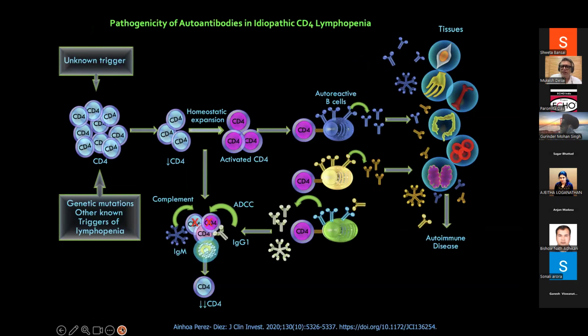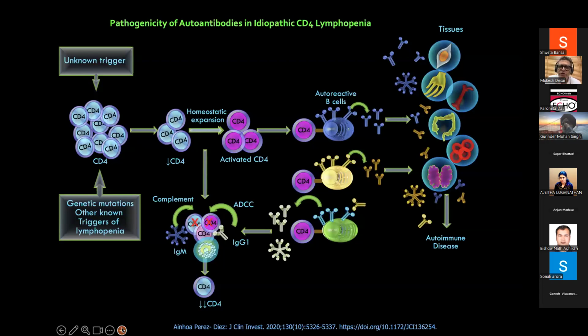This concept was recognized when they found a child with a severe CD4 lymphopenia. When they worked him up, they found that he had an antibody to CD4, and that led them to start looking for autoantibody in the whole cohort of CD4 lymphopenia. And the importance is that you can target them with rituximab.